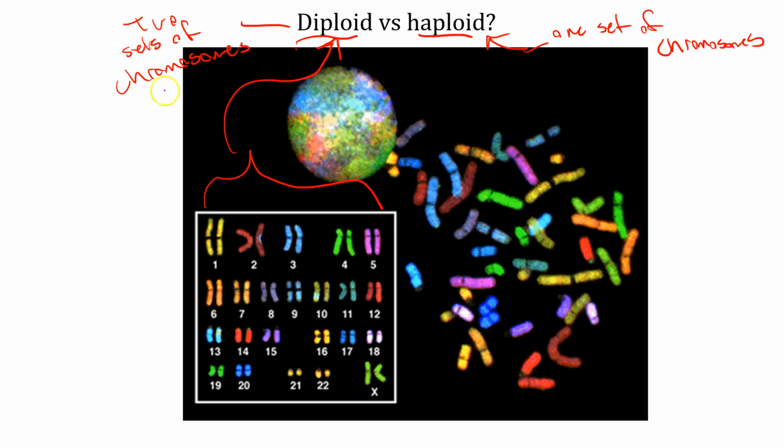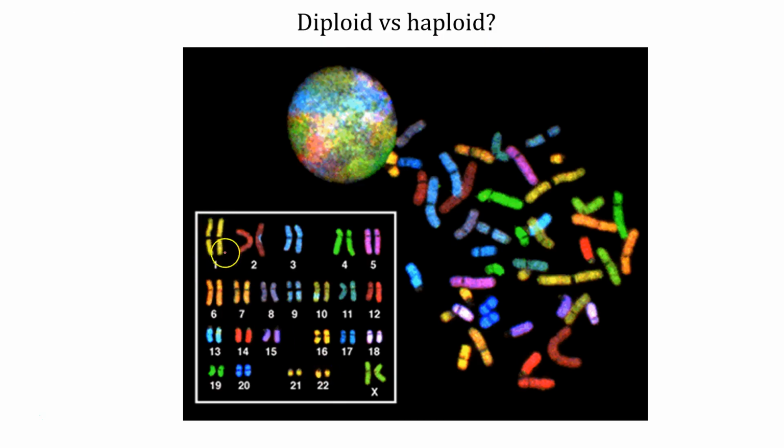You and I are diploid, and so are all the other animals and plants out there. The reason why there are 2 sets of chromosomes is because you inherit 1 set from your dad and 1 set from your mom. Your dad contributed 23 chromosomes, your mom contributed 23 chromosomes, and that makes up 2 sets for a total of 46 chromosomes.